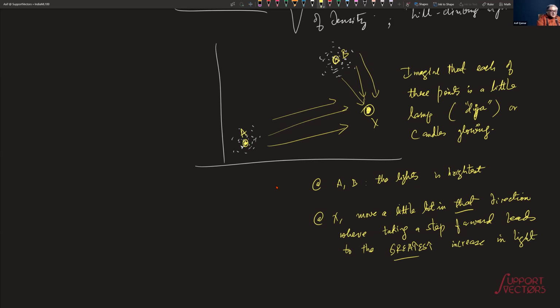So if you think about it, you're getting light from this direction, from A and from B.